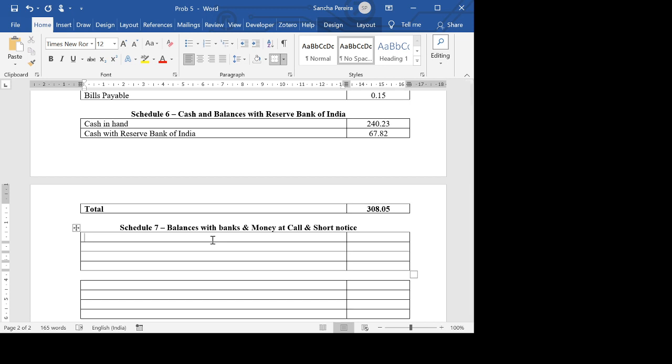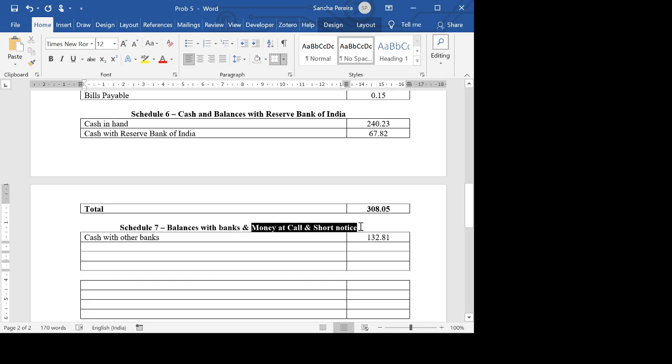One is cash with other banks, which is 132.81, and also money at call and short notice.